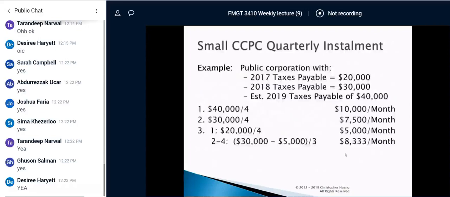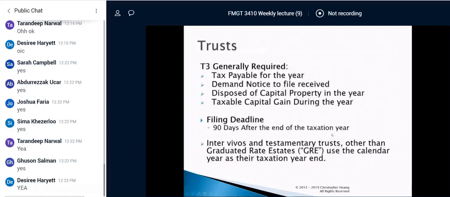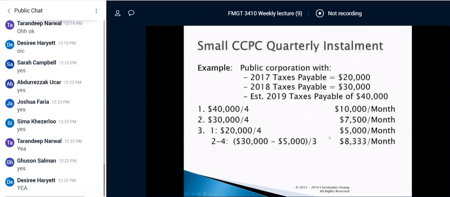So again, if we go through an example, let's say you had 20,000 owing in 17, 30,000 in 18, 40,000 in 19. Again, current year method, 10,000 a month. Oh, sorry, not 10,000 a month, that's really bad. 10,000 a quarter. When I say month, I really mean the monthly payment.